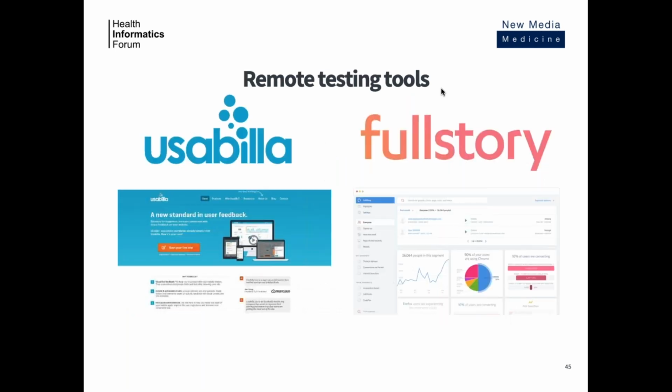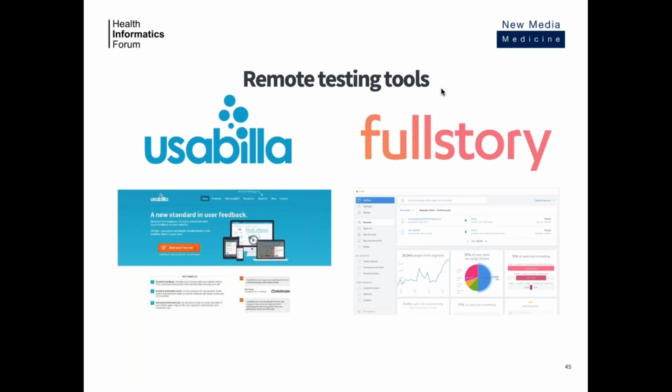There's some quite nice new remote testing tools designed for usability testing. So Usability and FullStory. I have tried using FullStory, and it's quite an interesting way of doing usability testing. You put JavaScript on your website and it then tracks the cursor more directly and the text that people are typing into a website.